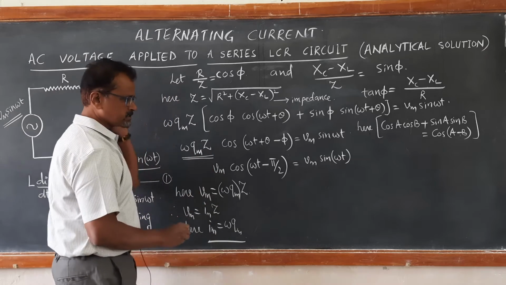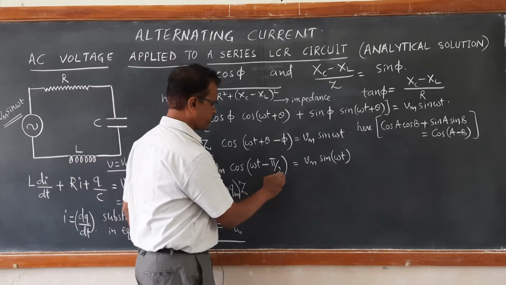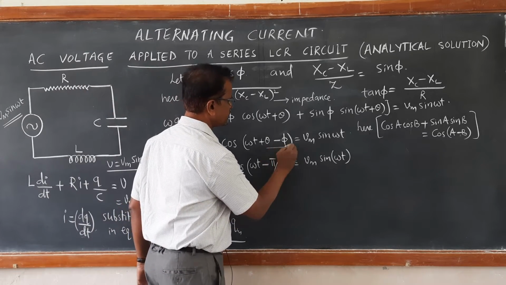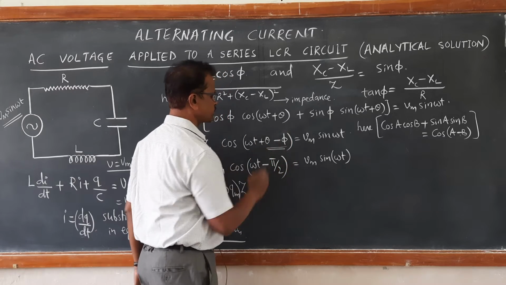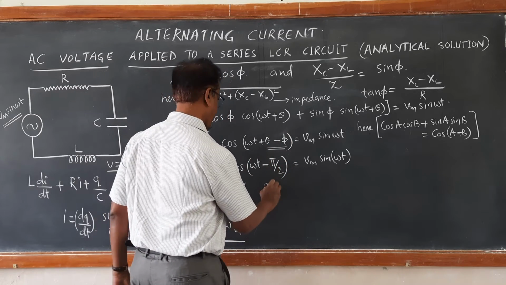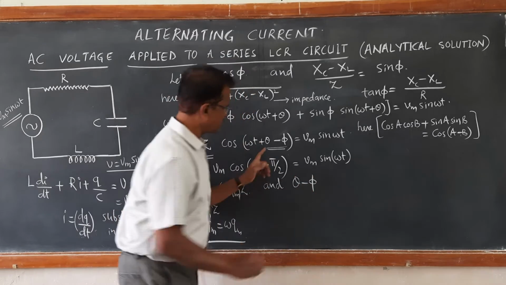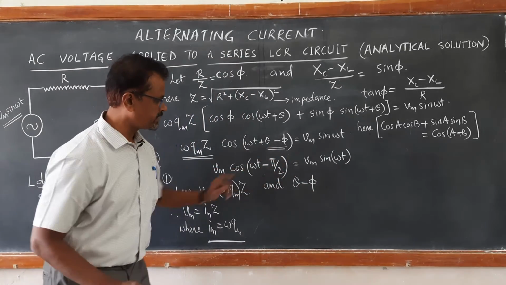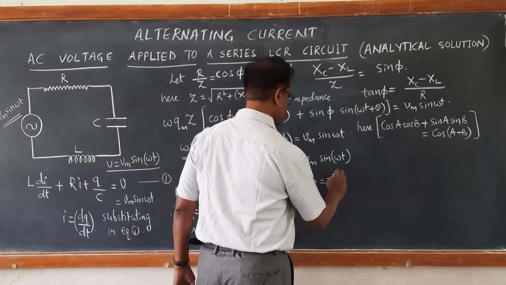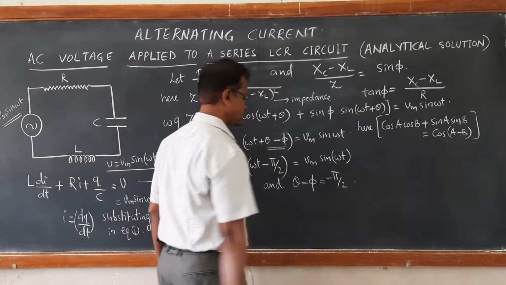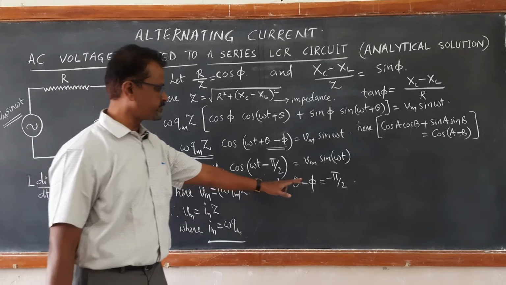Yes, and here minus pi by 2, you can look at it. Minus pi by 2 is nothing but theta minus phi, so theta minus phi is equal to minus pi by 2. So that we can write what is phi.